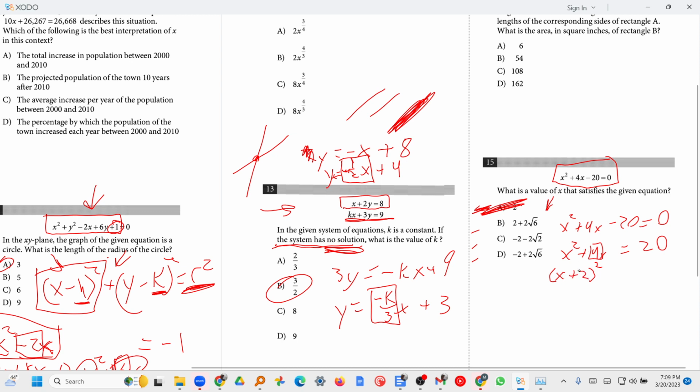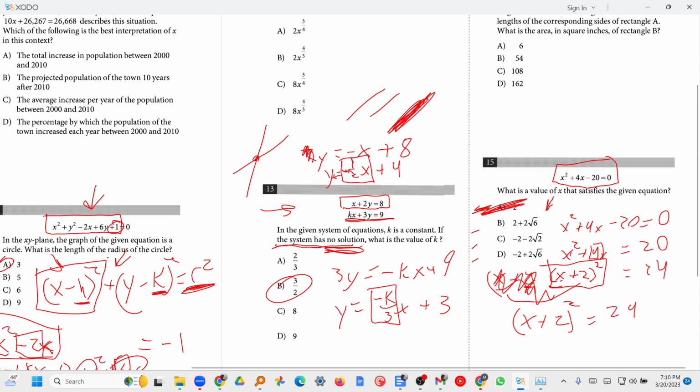So if I do x plus 2 times x plus 2, which is what (x plus 2) squared is, x times x is x squared, good. 2x plus 2x is 4x, good. But I've got an extra 2 times 2 in there. So when I write (x plus 2) squared here, there's an extra 4 in there that I've just created out of thin air, and I have to add that to the other side. So now I should have (x plus 2) squared equals 24.